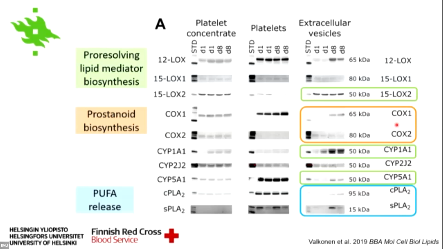We also saw that in the EVs there were some phospholipases that cut the fatty acids from the phospholipids. So all in all, the EVs also contain the machinery required for lipid mediator biosynthesis. Of course, we don't know if they make them themselves, but at least they have the machinery in them.